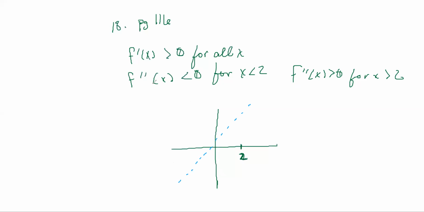And then it's concave down where the second derivative is negative, and concave up where it is positive.